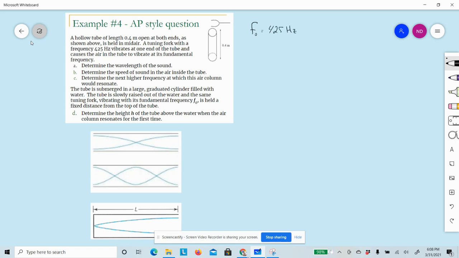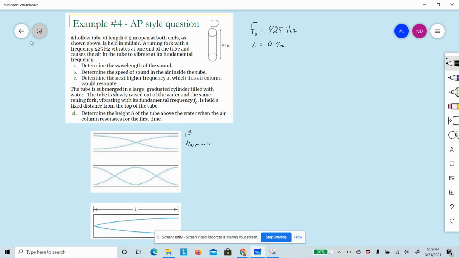And if this is the length of the pipe, L equals 0.4 meters at the fundamental frequency, open at both ends. Here, this is your first harmonic, or fundamental frequency, first harmonic diagram.